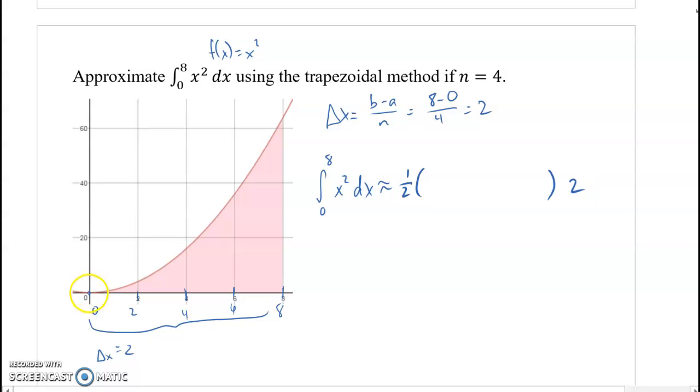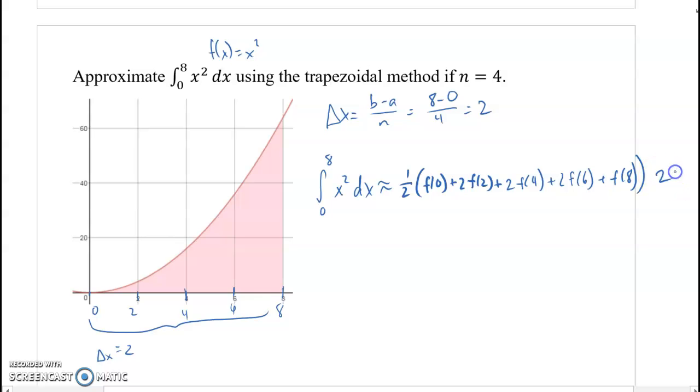And then it's going to be f of 0 plus f of 2, and then f of 2 plus f of 4, and then f of 4 plus f of 6. So because we're using f of 2 twice, I'm going to do 2 f of 2. And because we're using f of 4 twice, I'm going to go ahead and say 2 f of 4 and 2 f of 6. Notice that we only have one f of 0, we only have one f of 8, because those are heights that don't get used twice.